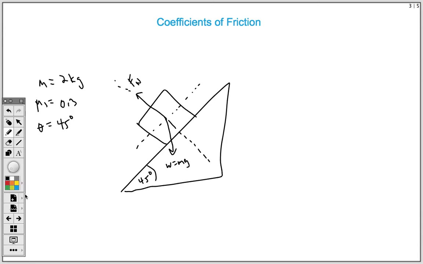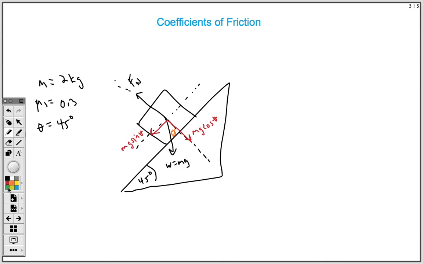So our angle theta is always between our vector and the y-axis. So we're going to break this gravity into its x and y components, because this vector here is adjacent to this angle. We get mg cosine theta. This one then would be mg sine theta.